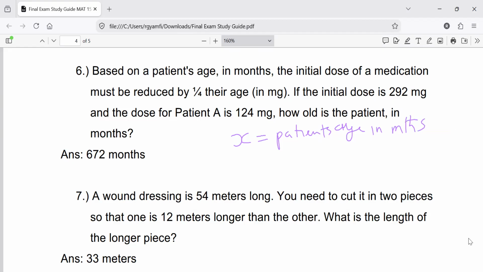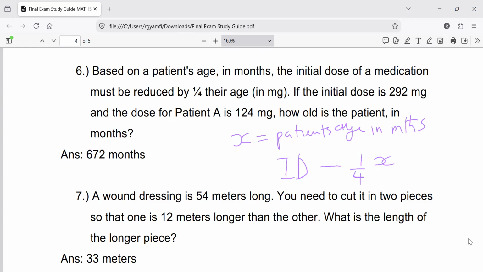The initial dose of a medication, so initial dose, I'm going to do ID, must be reduced, which is subtraction, minus a quarter their age. A quarter of their age, or their age divided by 4, right? Is the same thing. A quarter means you're dividing by 4.